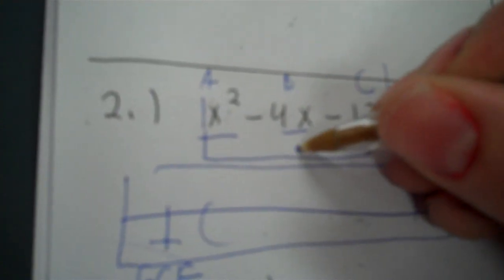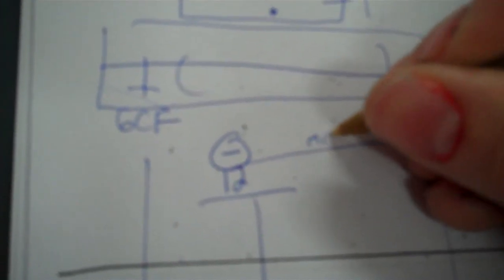So I take my A times my C, 1 times negative 12. 1 times negative 12 is negative 12. So a negative is a mismatch. The factors to multiply to a negative have to be mismatched, positive, negative. That means they have to be the opposite, different. And then we're adding to whatever my B is, which is negative 4.